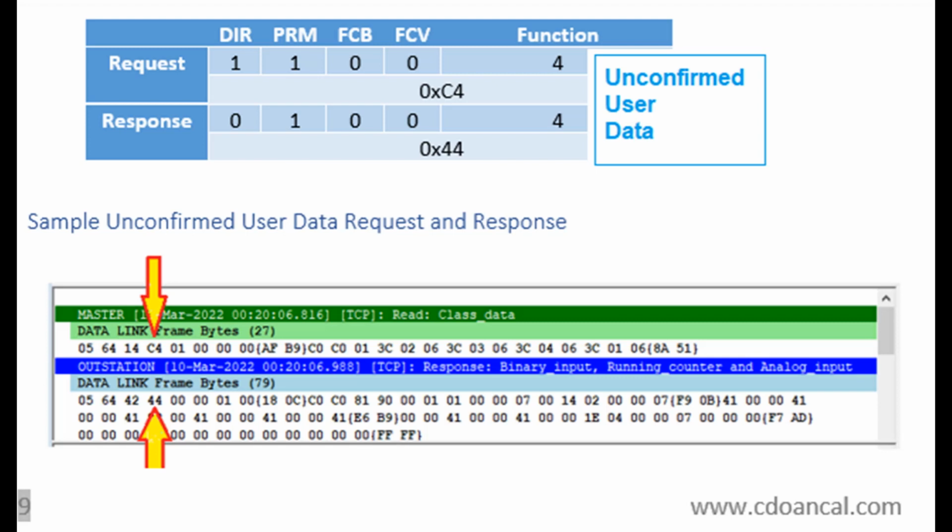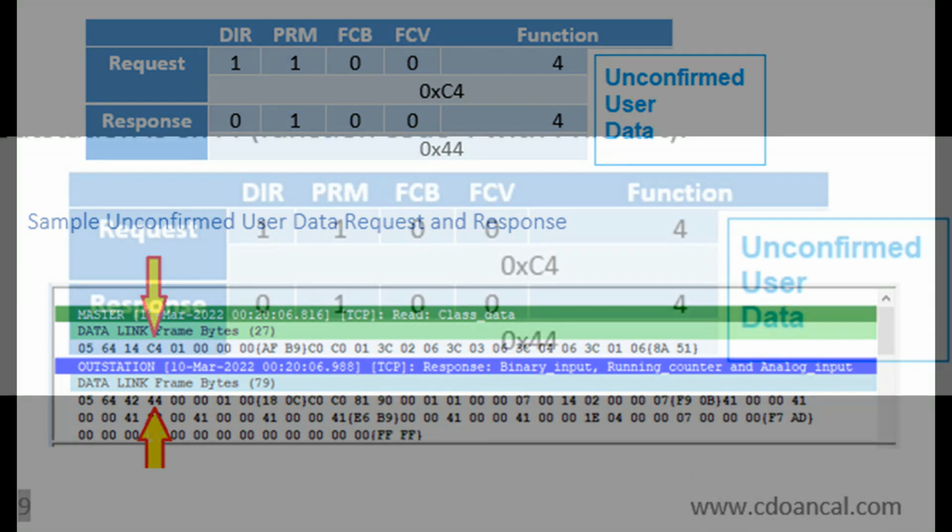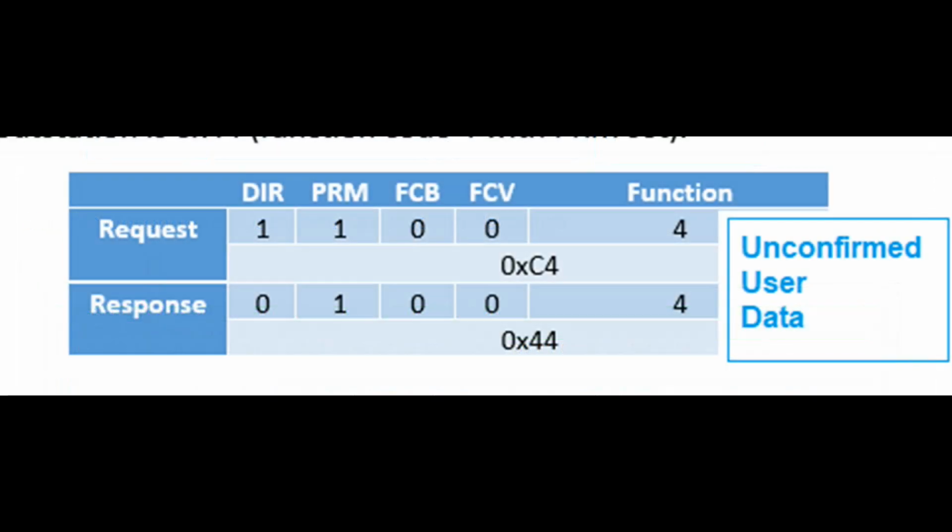That is, in the normal data exchange between a master and outstation, the master sends an application message to read some data. The outstation responds with the requested data. Both use a data link user data function, almost always unconfirmed user data.